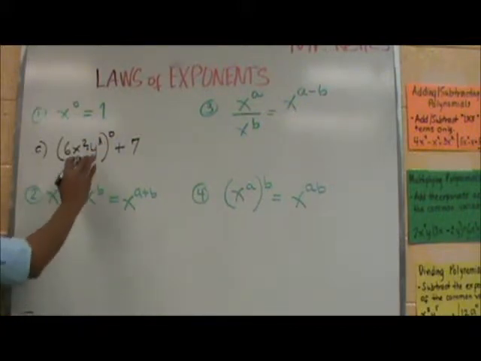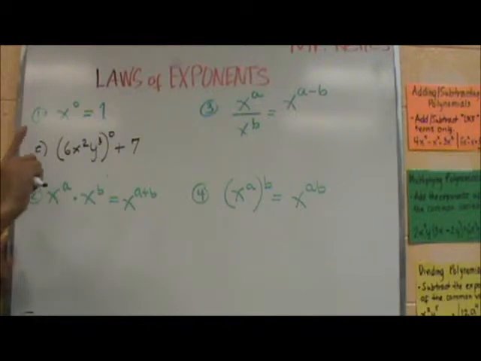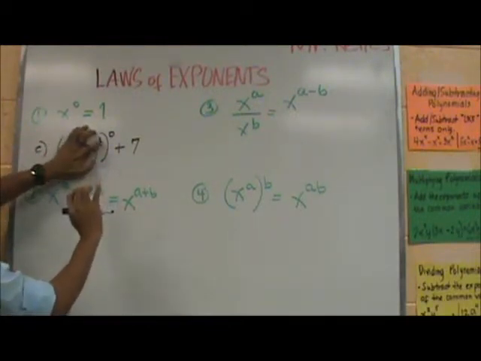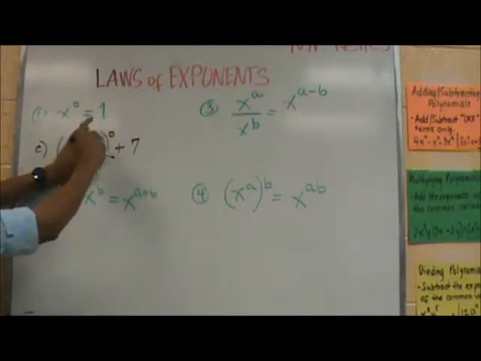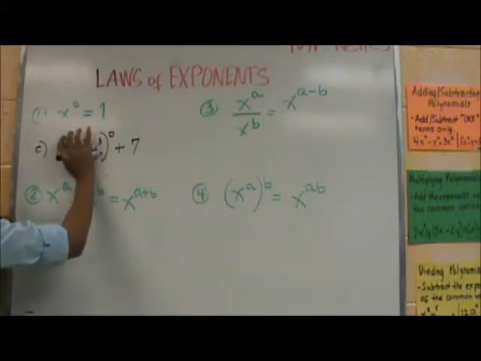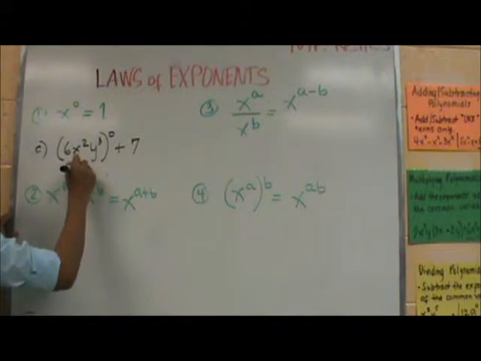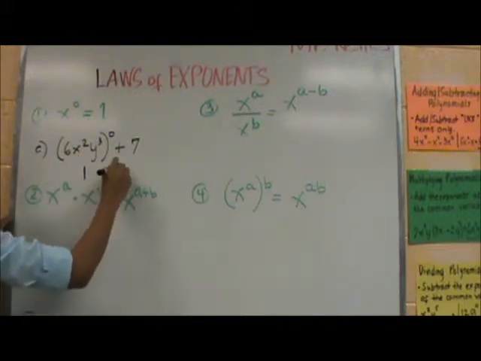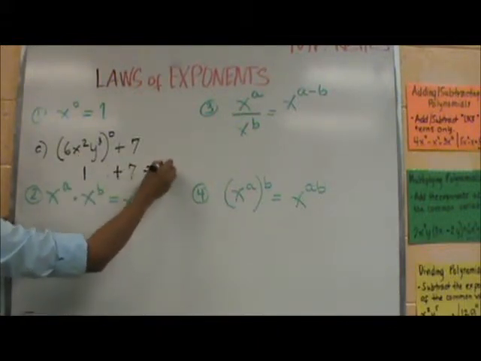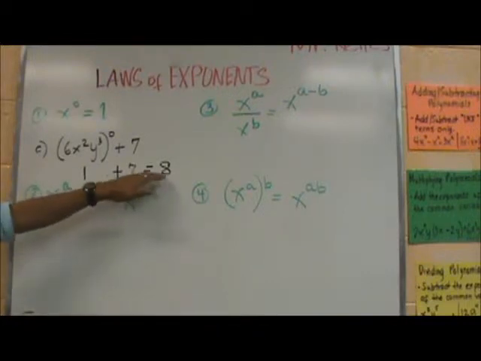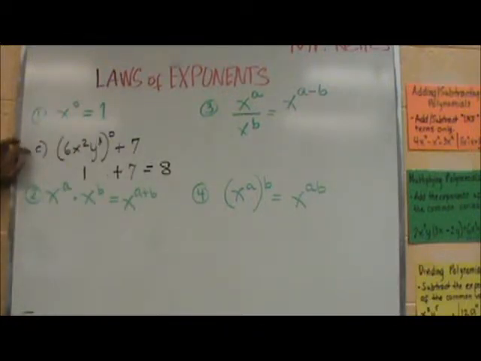That means we're going to count everything here as one term, and everything here is raised to 0. Once again, any number raised to 0 will give us 1. That means everything inside of the parentheses raised to 0 will be equal to 1, plus 7 will give us 8. And 8 is the final answer for problem C.